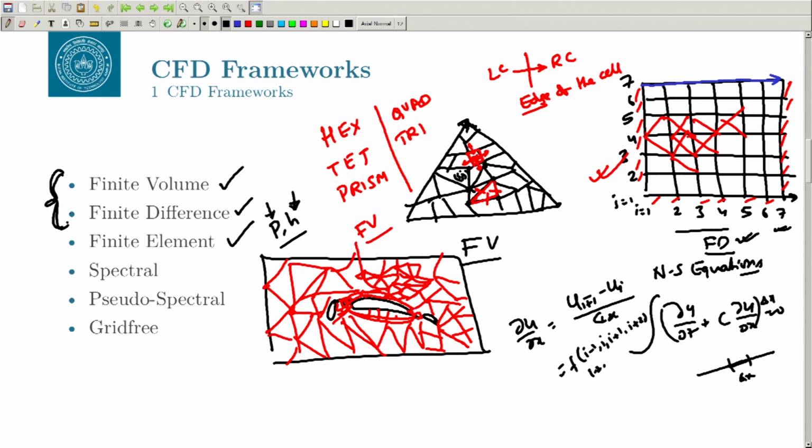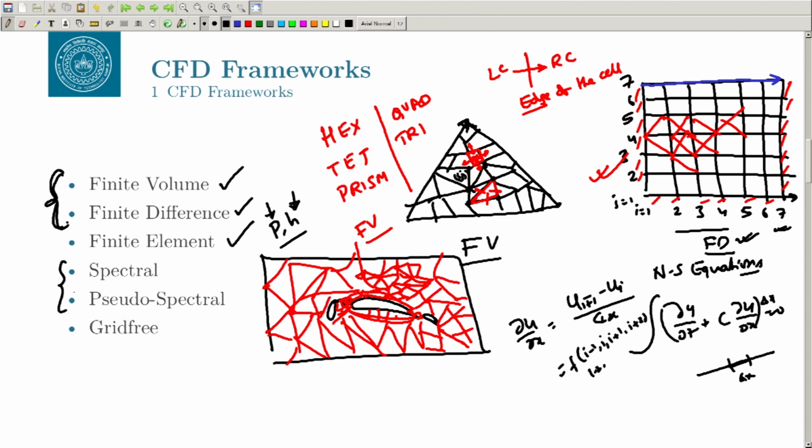Okay. Then in physics the very popular approach is the spectral and the pseudo-spectral. Why? Because when you are trying to solve a problem such as convection, or homogeneous isotropic turbulence, turbulence in a box, you can make use of the periodic boundary condition.